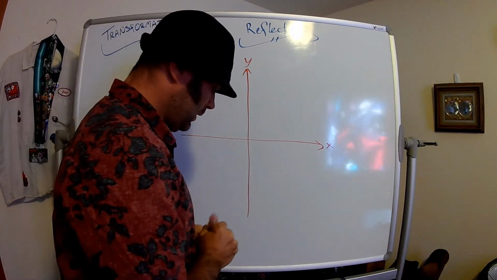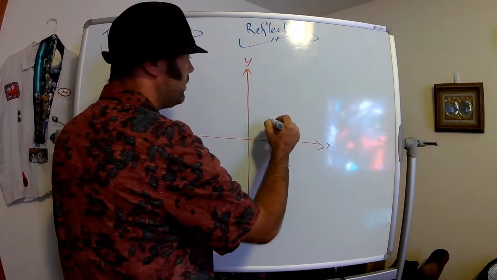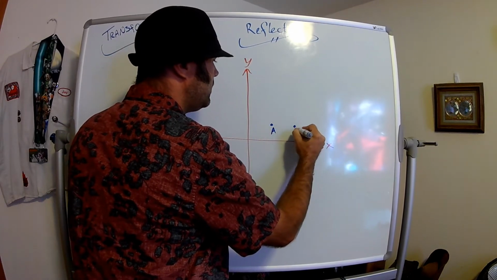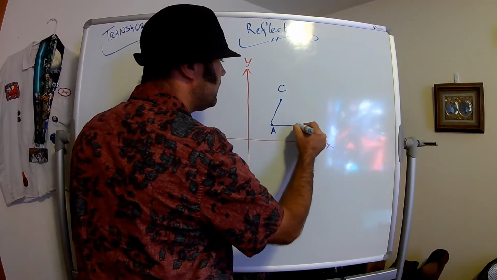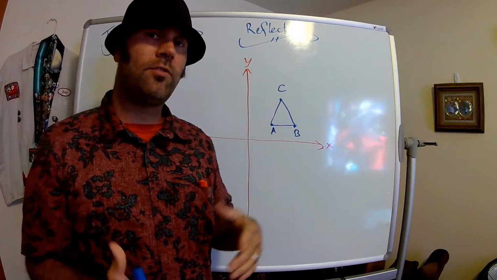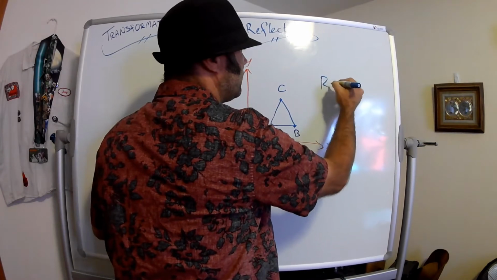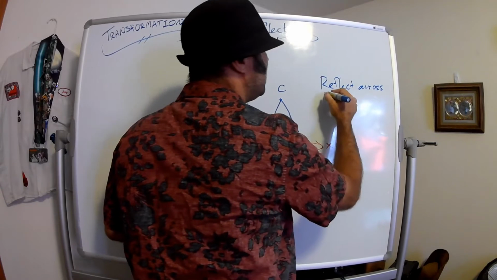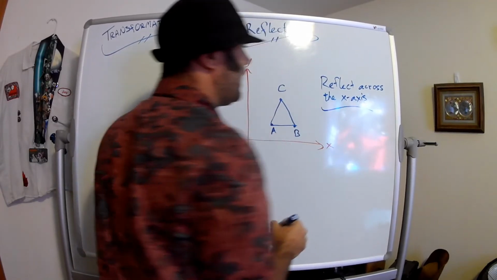So if we had a shape ABC, and we wanted to reflect across the x-axis, we would just say that, reflect across the x-axis.